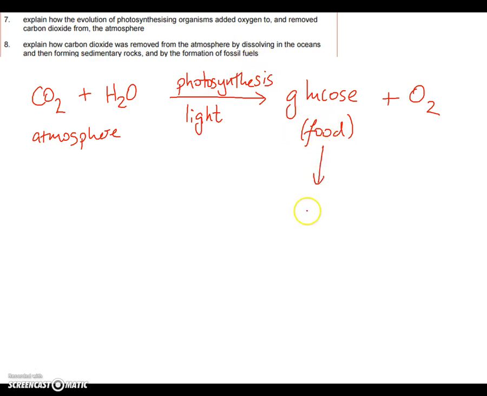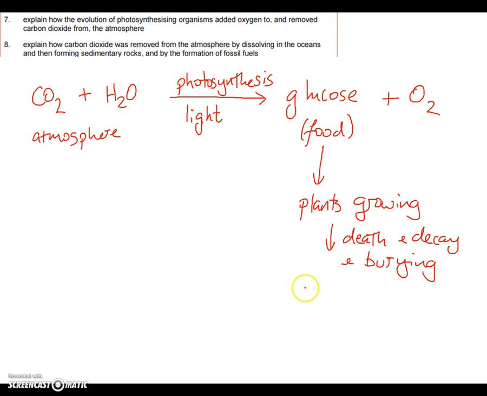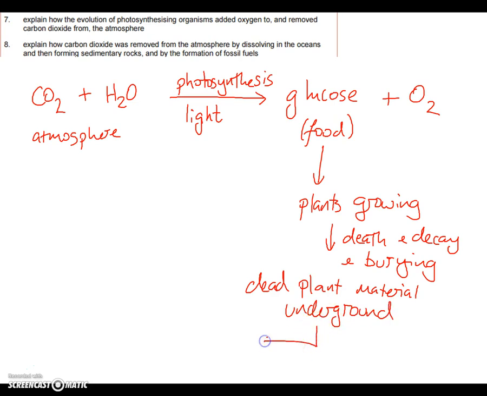Well, this glucose, which leads to plants growing, when they die, so death and decay and burying, that leads to dead plant material underground, and then if you treat that with heat and pressure and time, eventually they turn into fossil fuels.